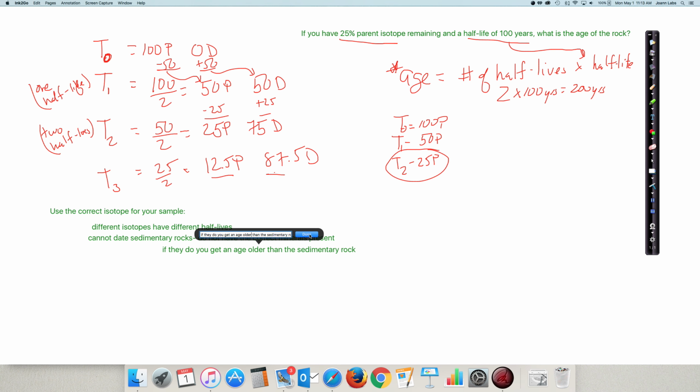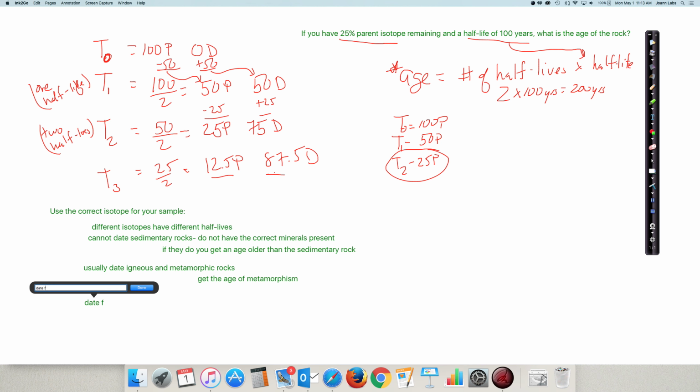The reason being, certain types of sedimentary rocks are made from weathered and eroded other rocks. Well, you get the age of that original parent rock. So that doesn't help you. Usually you date igneous and metamorphic rocks. With the metamorphic rocks, you get the age of metamorphism because it resets the clock. You don't get the age of the parent rock, you get the age when that rock was metamorphosed.